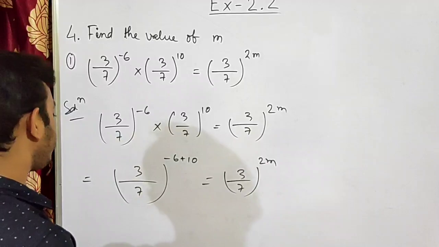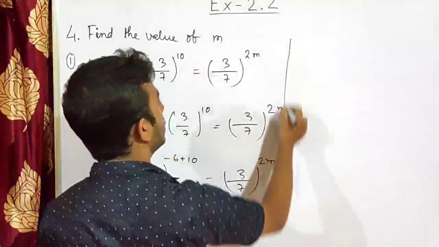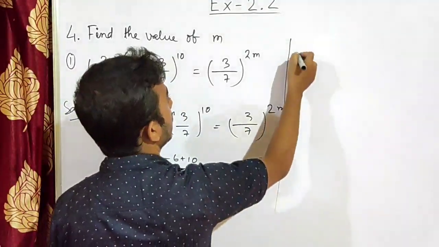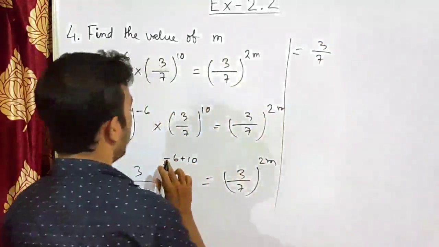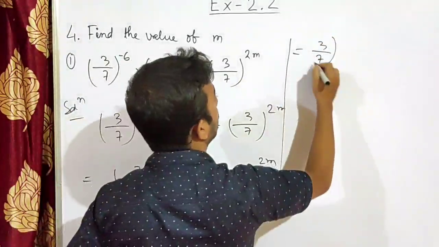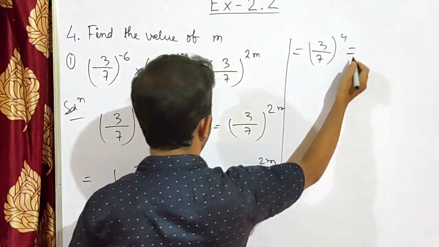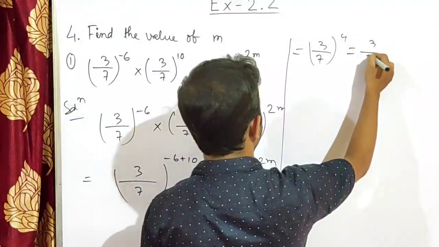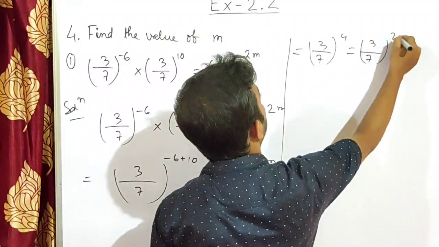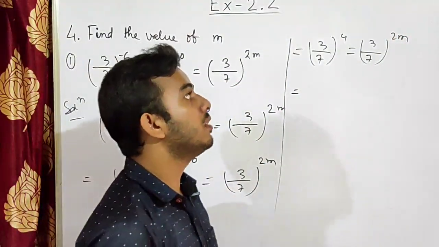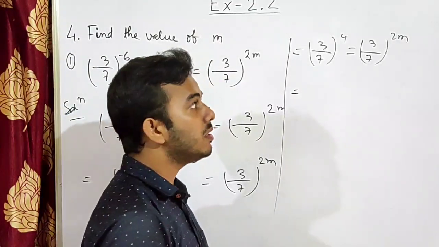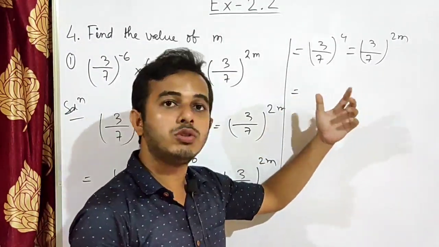Now look, can we write this one as 3 to the power 7? Look, minus 6 plus 10, it is how much? 4, isn't it? 3 by 7 to the power 4 equals 3 by 7 to the power 2m. Now if we have the base common, that is the base is equal, their powers will also be the same, isn't it?